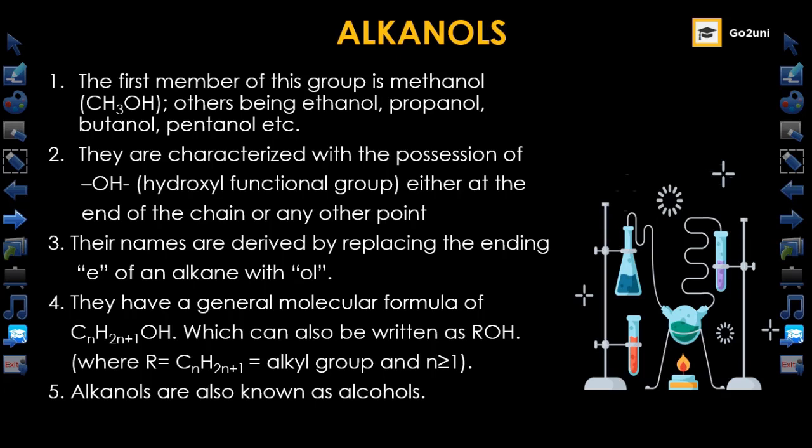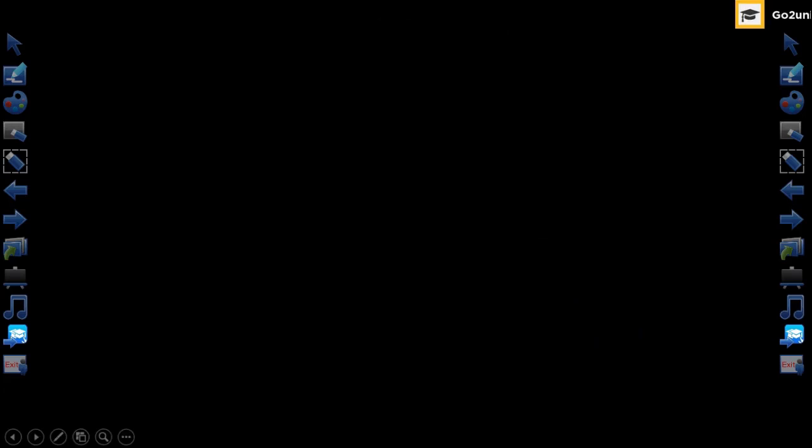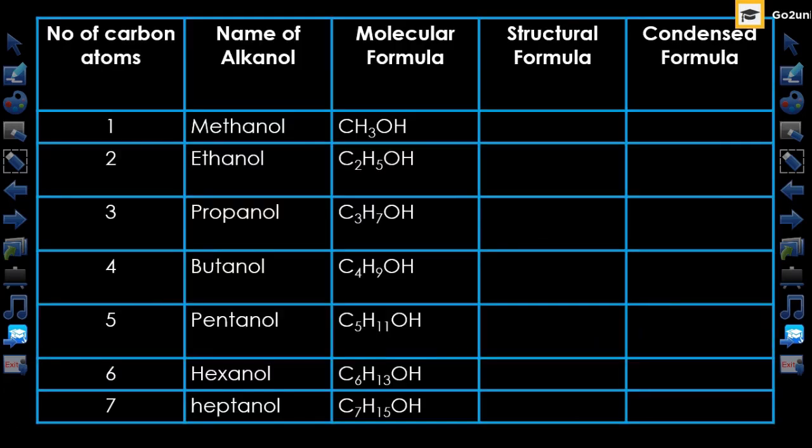So let us take a look at the members of this family of homologous series, the alkanols. The first member, as we have said, is methanol with the formula CH3OH.